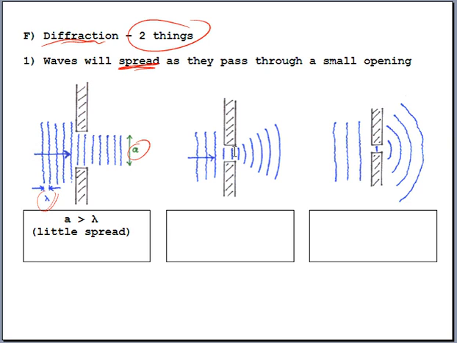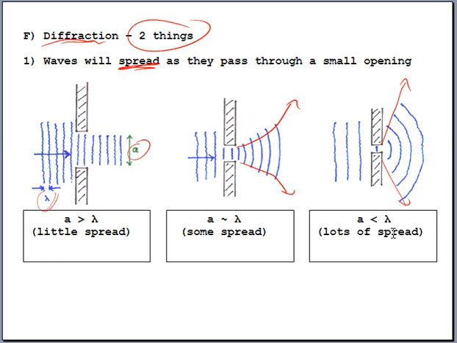As you narrow the size of that opening down, when that opening size gets around the size of the wavelength, it could be a little bigger, but when it gets around the size of the wavelength, that's when you're going to notice this spreading out. So the beam is starting to diverge, if you wish, into like this nice little fan. And it gets more and more aggressive, like a really impressive spread, if you've got an opening that is really small. So if that opening is way down there at around the size of that wavelength or smaller, you should expect to see a lot of spread for that light when it comes out of that opening.